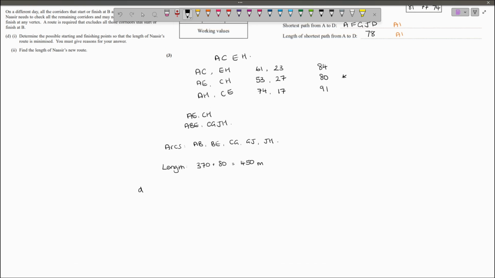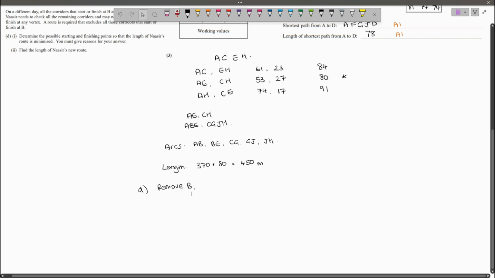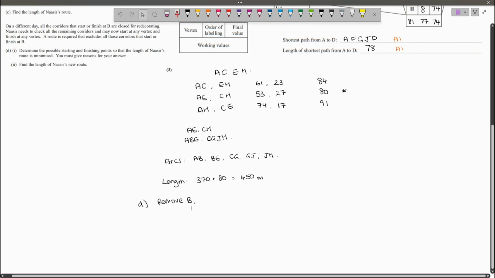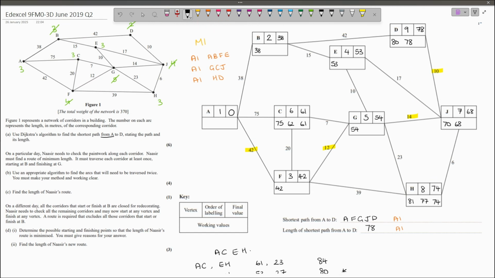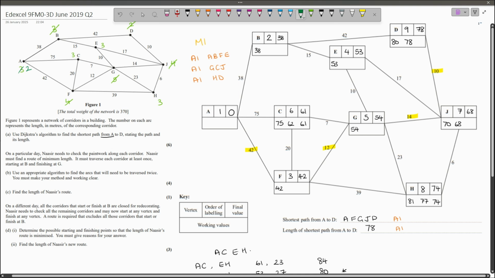So part D, if we remove B, we now need to list the nodes that are odd. And removing B will decrease the order of all of the vertices connected to B. So we're going to get new degrees. A is now going to have a degree of 2. E will have a degree of 2.